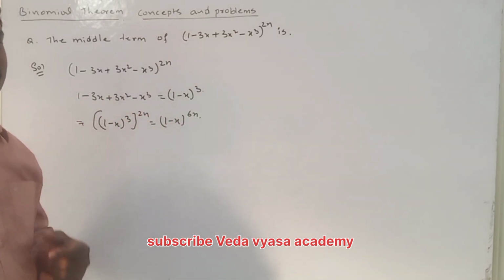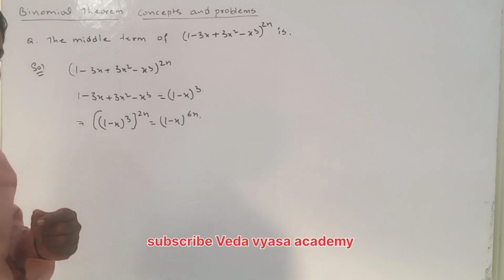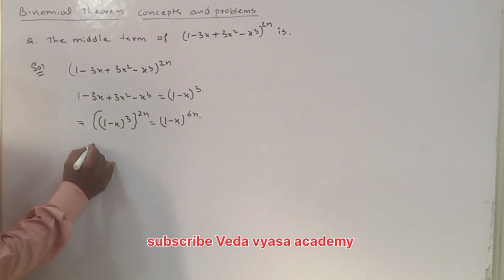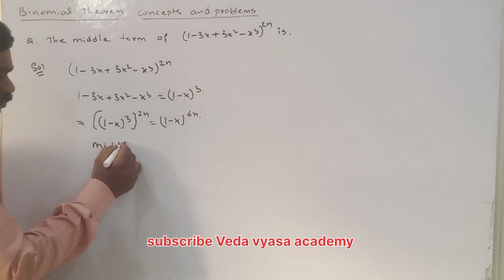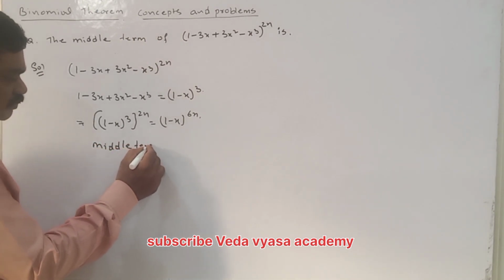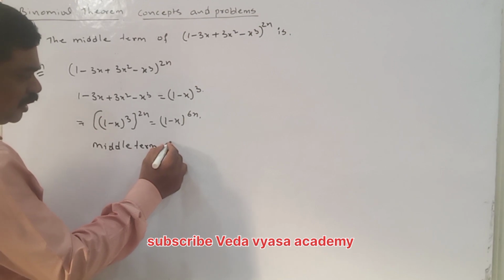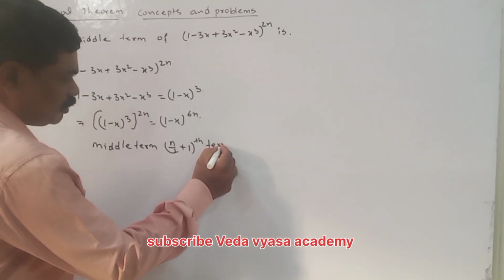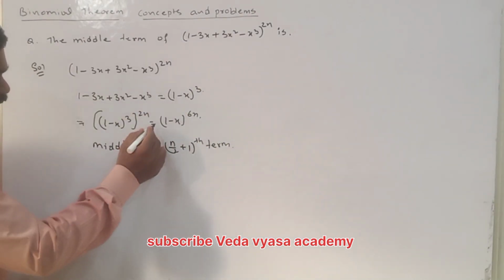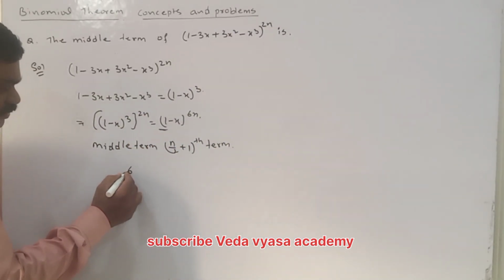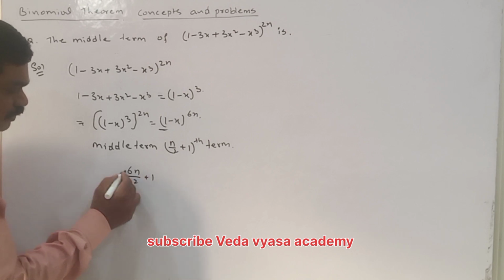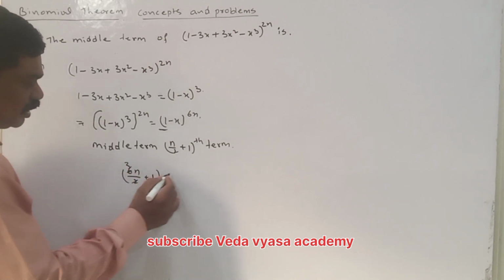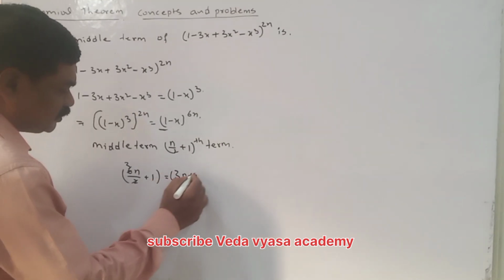This is the binomial. Then what is the middle term in the expansion? The middle term is the (n/2 + 1)th term, so here 6n/2 + 1 equals the (3n + 1)th term.